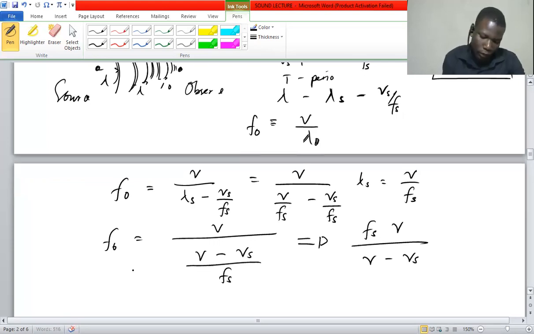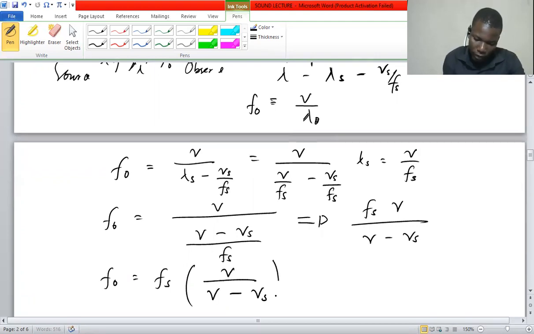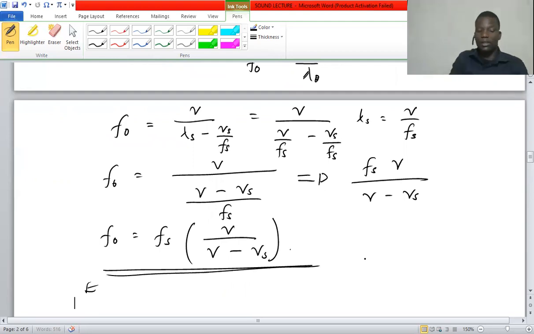Okay. So frequency of the observer is going to be, we factor out f_s, and then we have that. Okay, so this is when the source is moving towards the stationary observer.